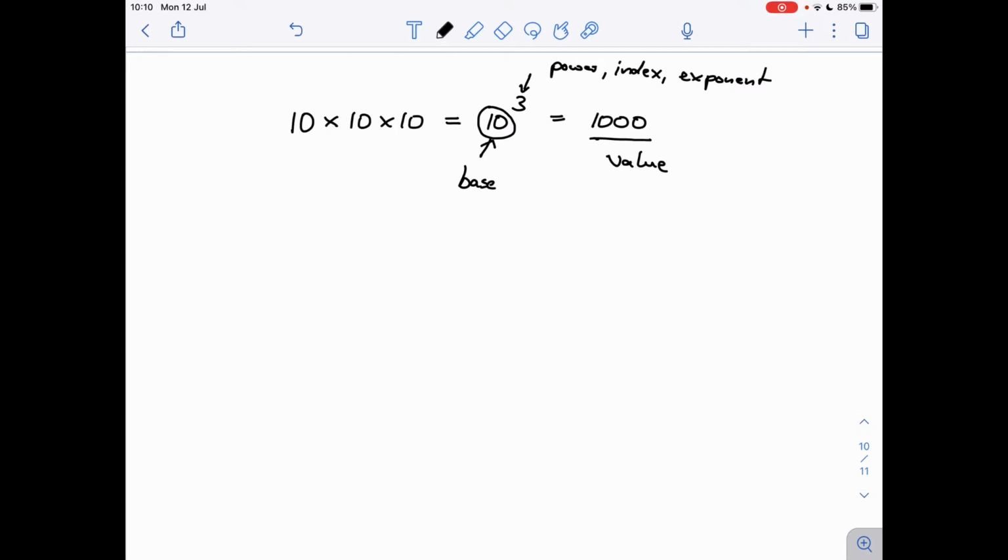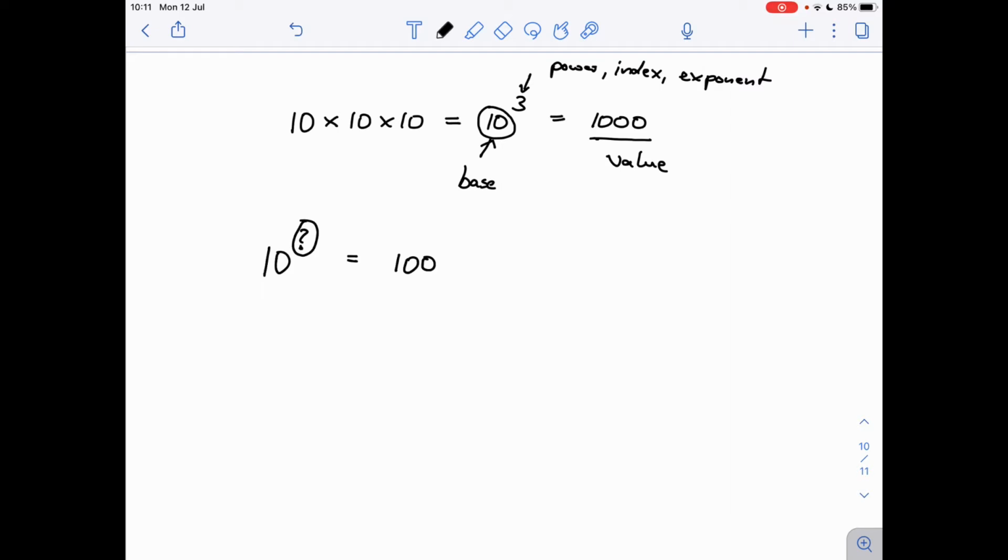But sometimes we have it in a slightly different problem that we need to solve. For example, we might have the case where we have 10 to the power of a question mark. We don't know. 10 to the question mark equals, let's say, 100. And we want to know what this question mark actually is.